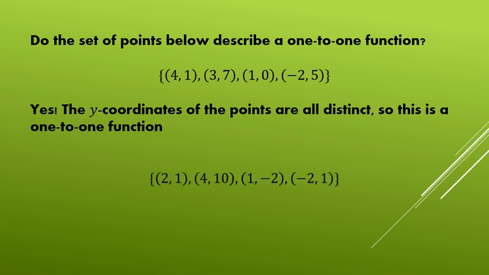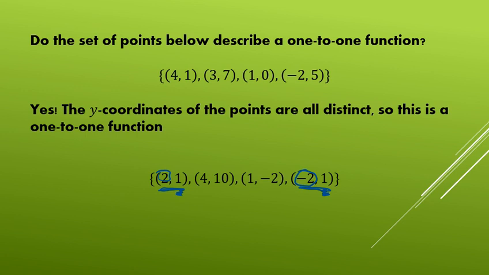How about this guy here? (2, 1), (4, 10), (1, -2), and (-2, 1). Okay, if I take a look at these 2 points here, I have the same y coordinate happening, but the x coordinates are not quite the same.